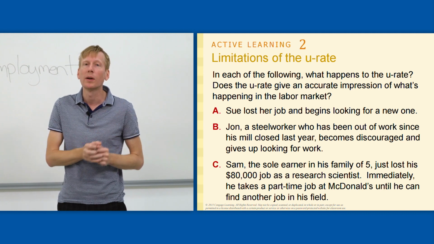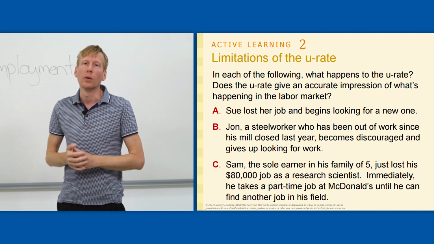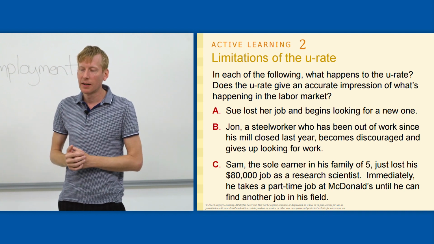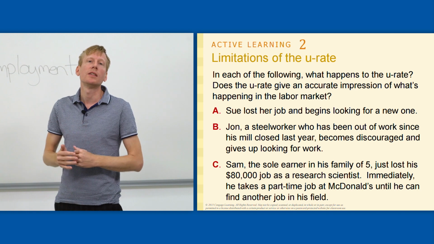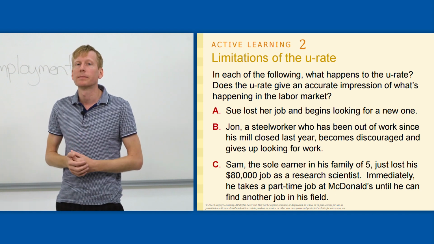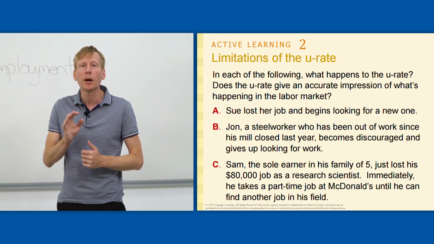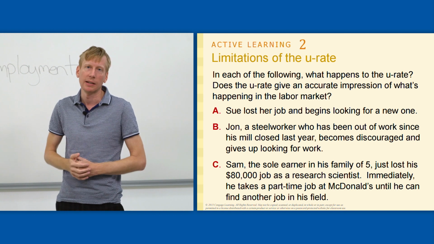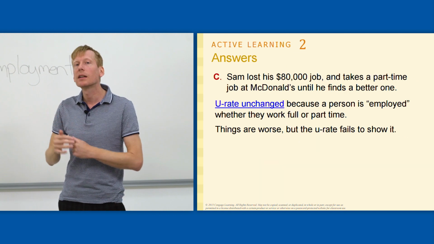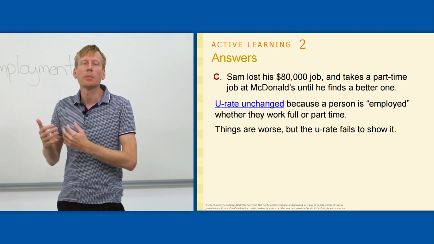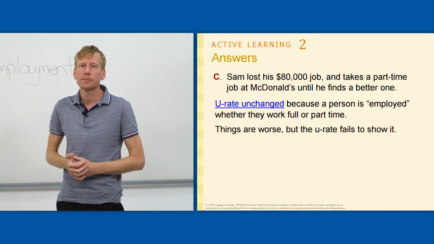Before he was employed, he is still employed. He was in the labor force, he is still in the labor force. So here, there's no change in the unemployment rate because he does not become unemployed. Or at least he might have been unemployed for a couple of days and then he jumped back in, found a new job immediately. And the labor force participation rate doesn't change because he's still participating in the labor force.